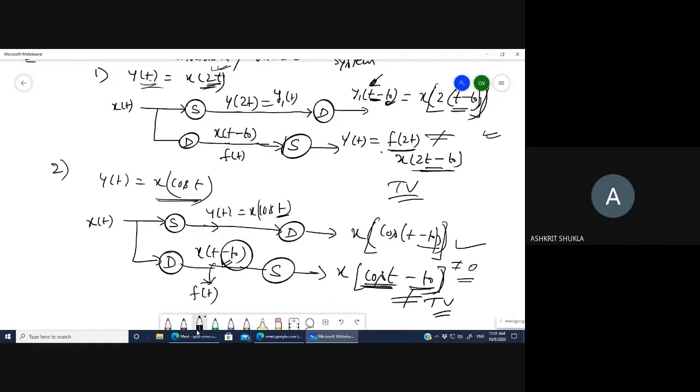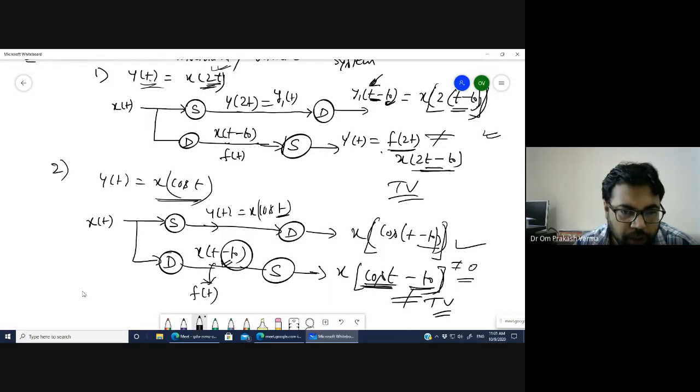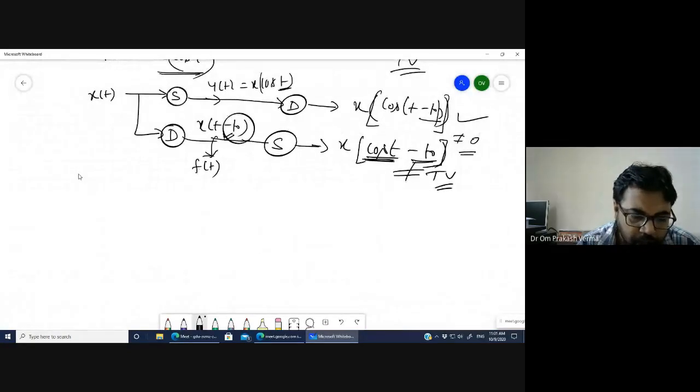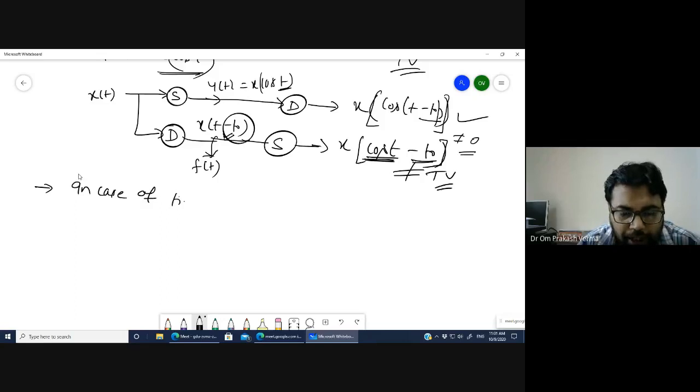Yes sir, understood. Okay, try to do it yourself. Once you solve one or two problems, you will understand it better, right? So I am giving the summary note in case of time scaling. The first example is x of 2t.